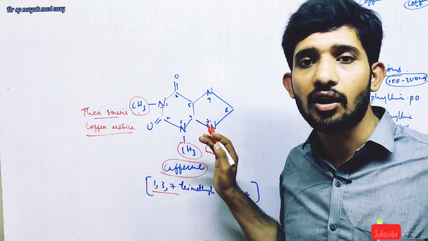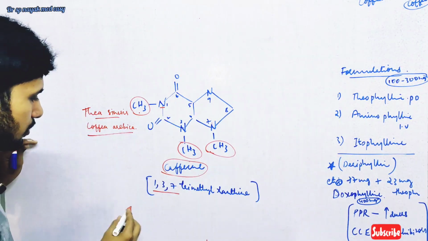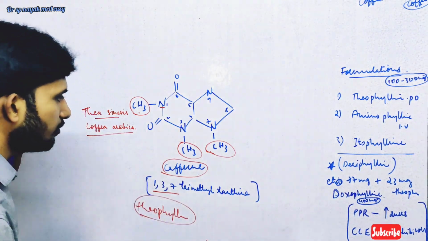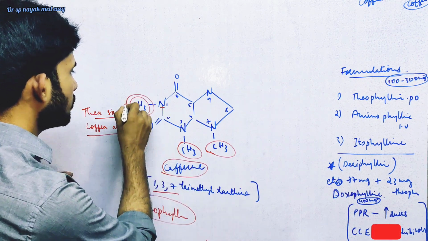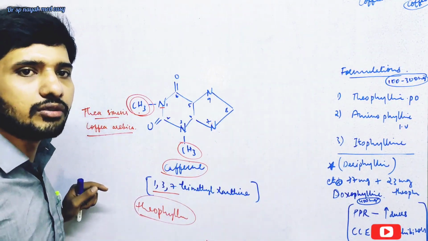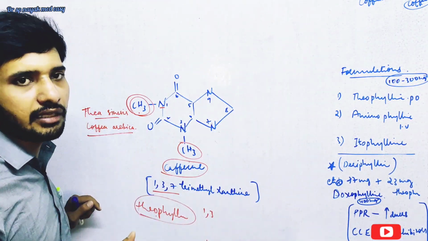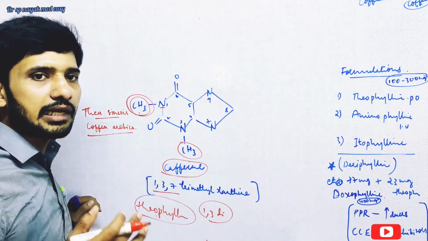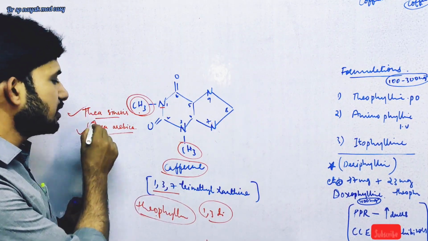Other than this compound we also have two other forms. One is called theophylline, in which on the first position and on the third position we have two methyl groups. So 1,3-dimethylxanthine is called theophylline. This is the second naturally occurring methylxanthine in Thea sinensis and in Coffea arabica.